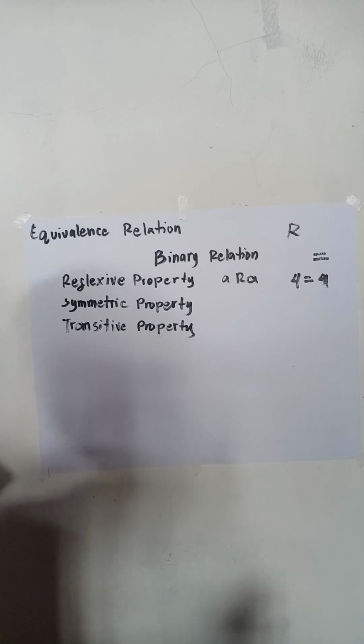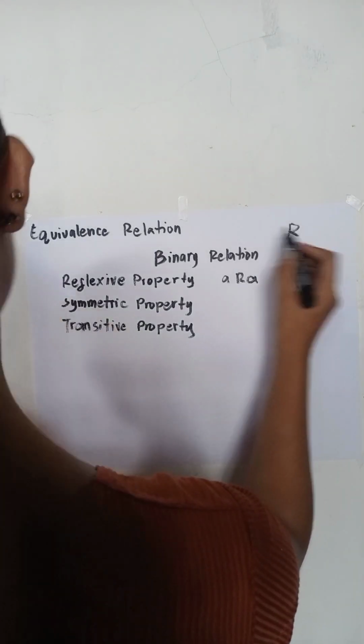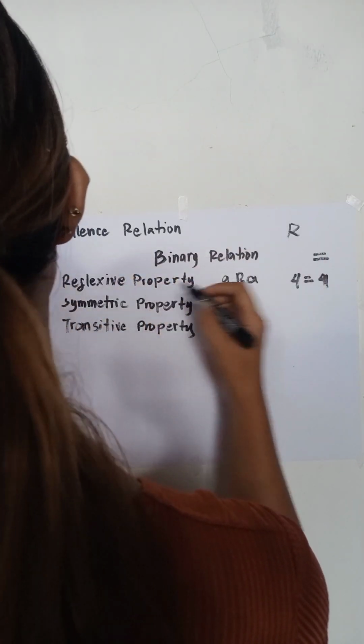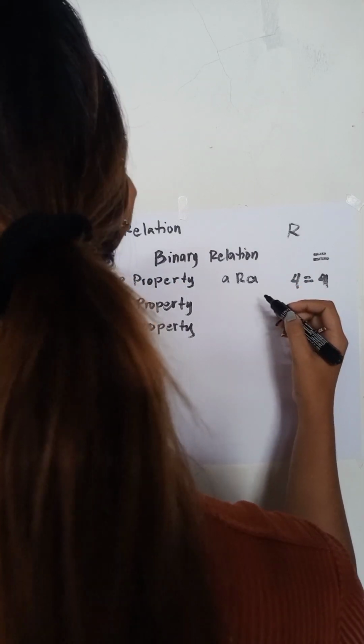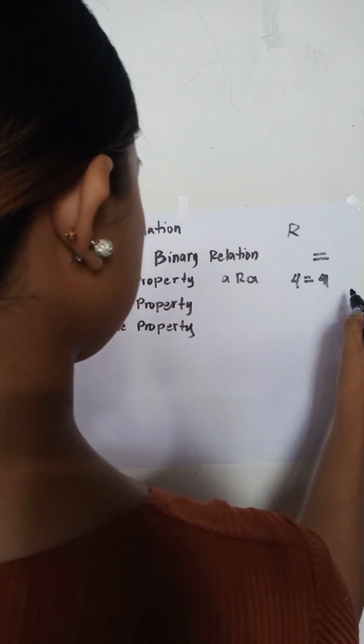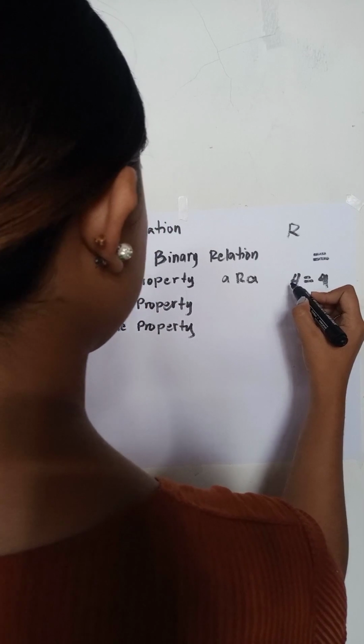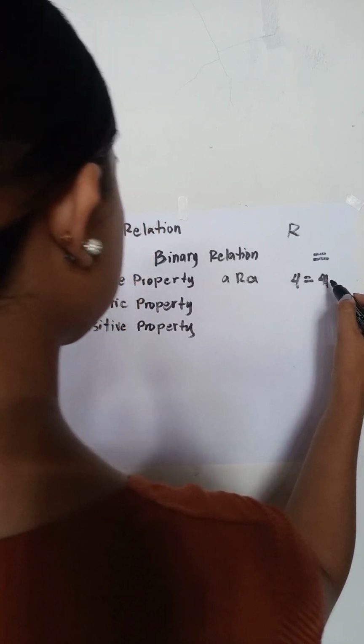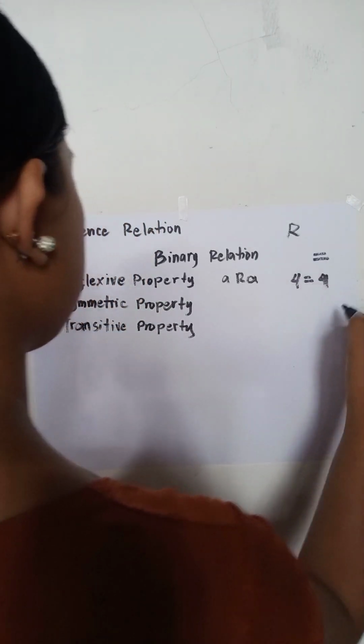So again, our relation R is reflexive if every object under consideration relates to itself.